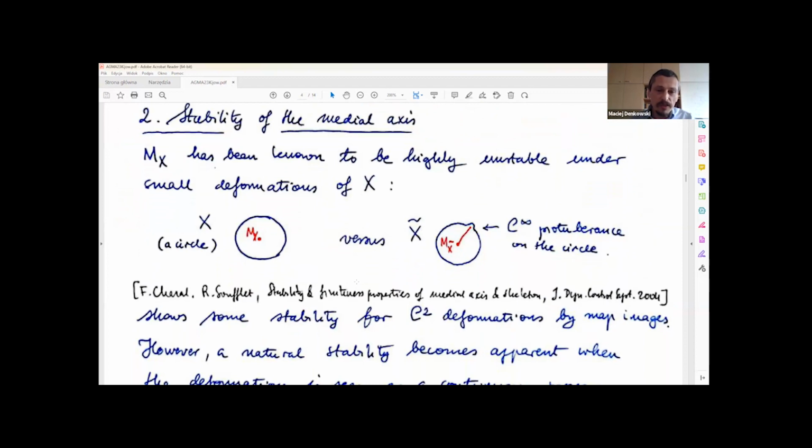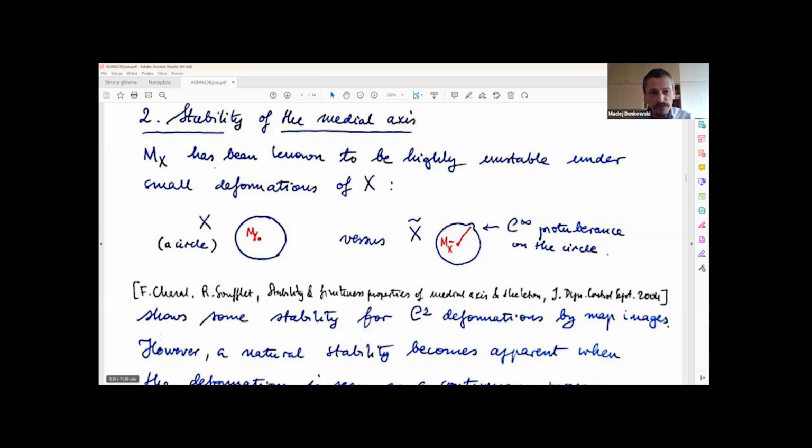So let's turn to the first main result concerning the stability of the medial axis. What I mean by stability will be made apparent in a moment. Since its introduction, the medial axis has been known to be really unstable, in the sense that the slightest deformation of the set X may lead to a big deformation, a big explosion for the medial axis.